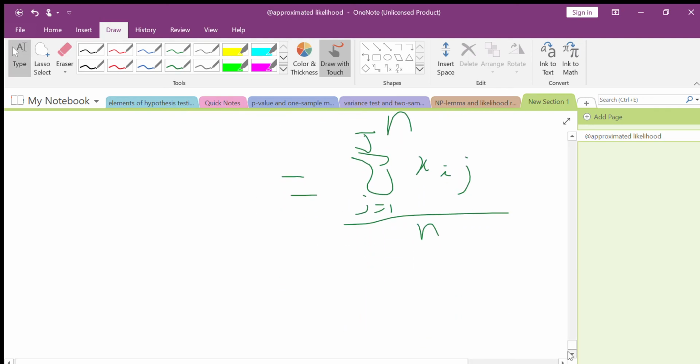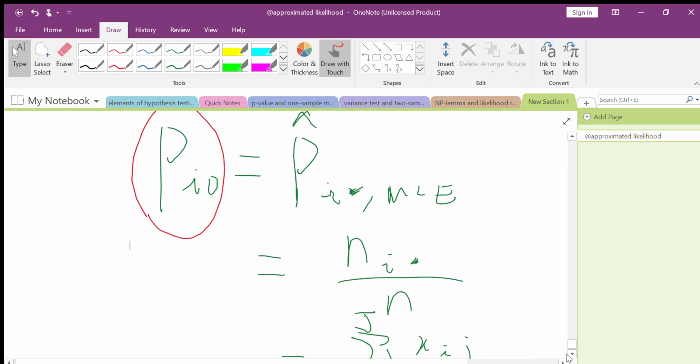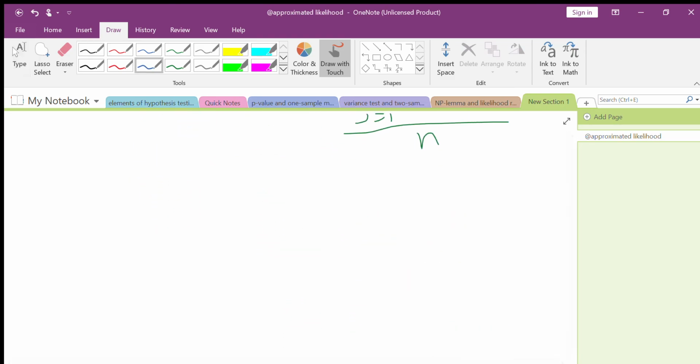Why would we like to calculate Pi0 under H null? Because we would like to apply the chi-square test statistic. Because under H null, what is eij?